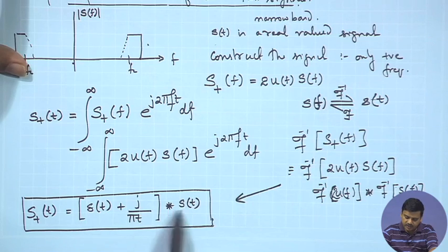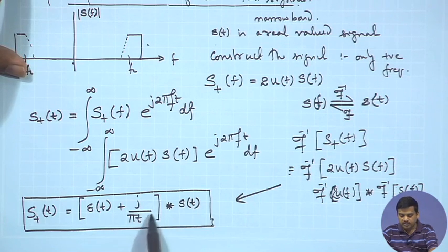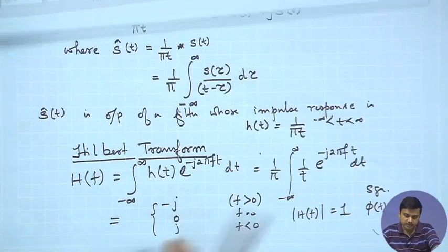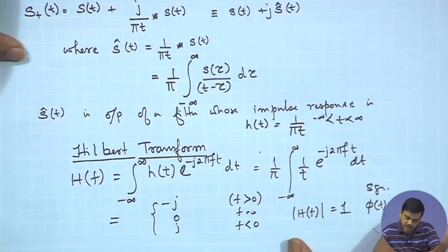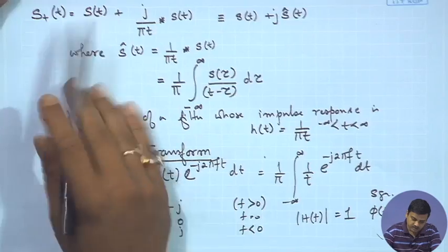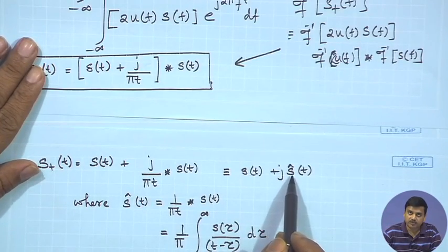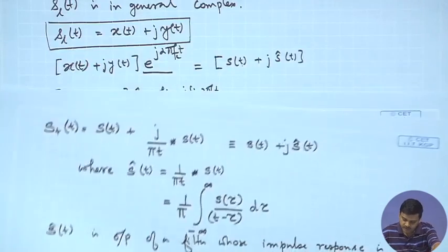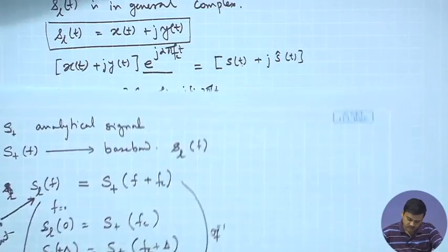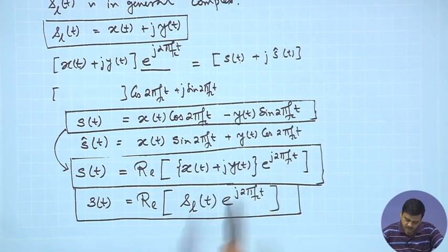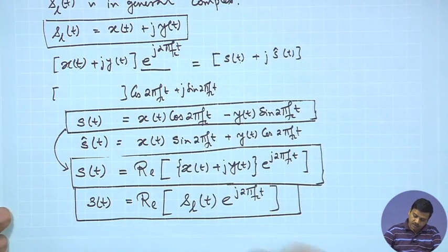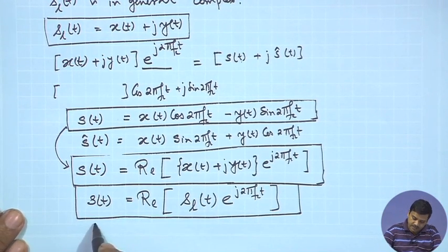So, we found that it is S t plus j times some convolution with S of t, which we write as the filter known as the Hilbert transform with the impulse response 1 upon t, which we described. And then we said that S plus of t could be represented as S t plus j S cap of t, and we have slowly realized what S cap of t is through a few relationships as given in this expression.